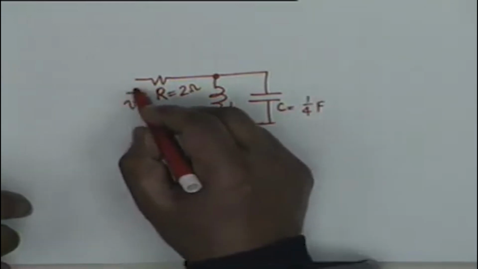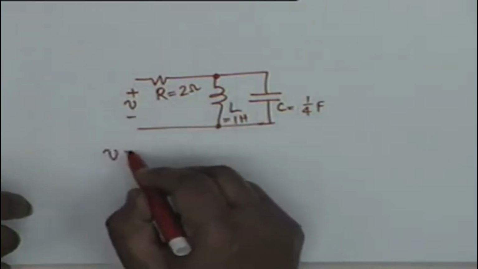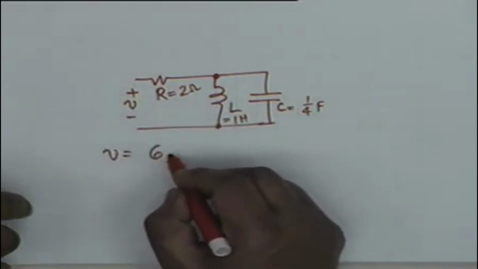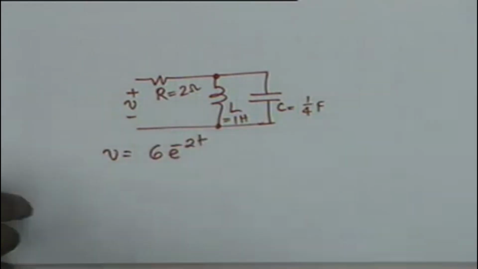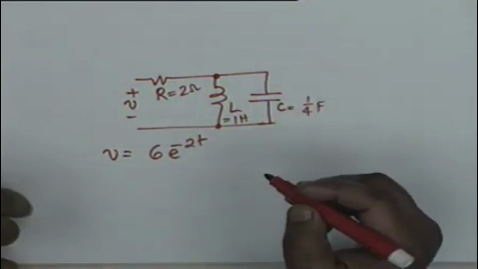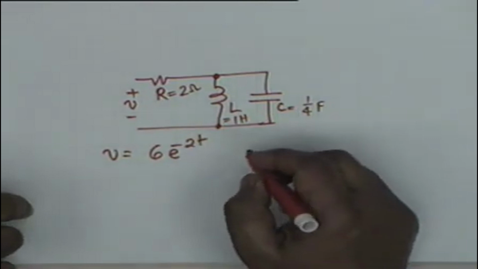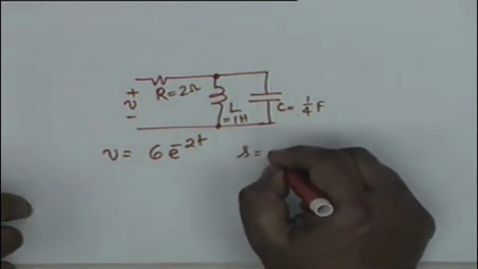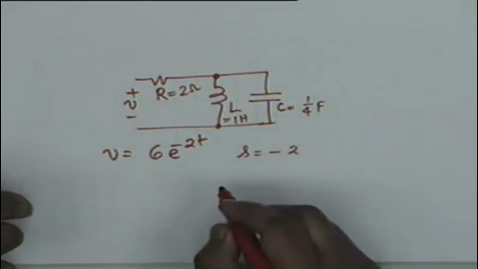And this V is given as 6 e to the minus 2t. Isn't it of the form of an exponential? It is an exponential with s equal to minus 2.